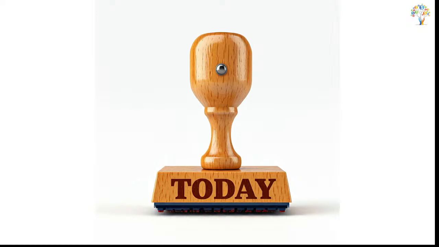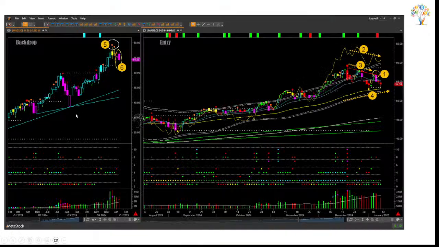How is MAGS today? After the bearish indecision cluster, we have the bearish backdrop color. Weekly is bearish. MAGS is also underperforming the market for several weeks.